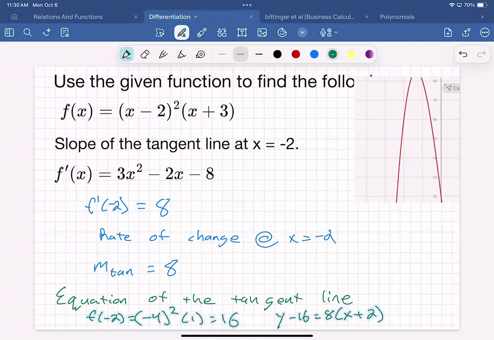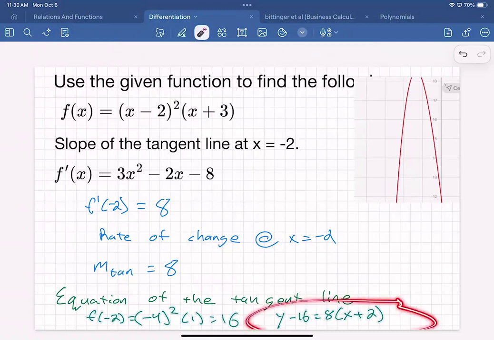The graph here, as we saw, showed we should be expecting 16. So that was kind of nice. Once we have both those pieces, that's where we use the point slope form, and that's going to give us a linear equation for that tangent line right there. All you need to do at that point is get y by itself. So distribute the 8, add 16 to both sides. Any questions with that?